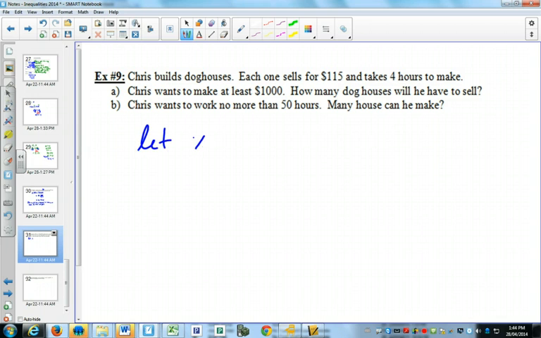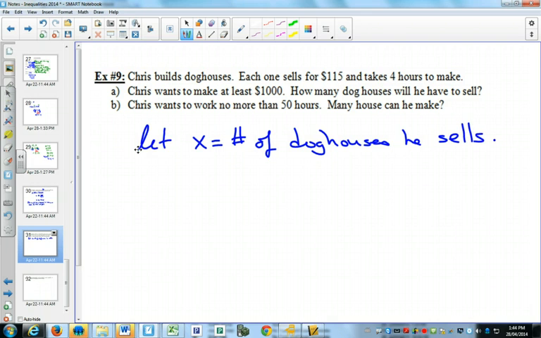All right, I'm gonna let X equal the number of dog houses he sells. So 115 times X, does that make sense that that's how much money he would make?